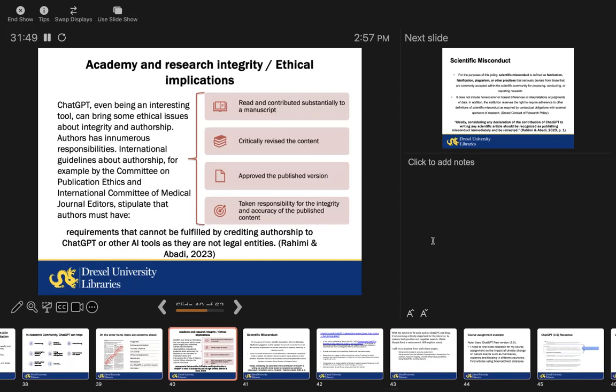Where is ChatGPT? If I want to, being a responsible person, connect with an author and request some data, can I do the same thing to ChatGPT for the same data that was referred? It's going to be very tough, right? So these are some issues. Let's go to the next slide.